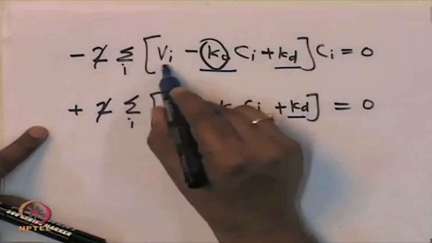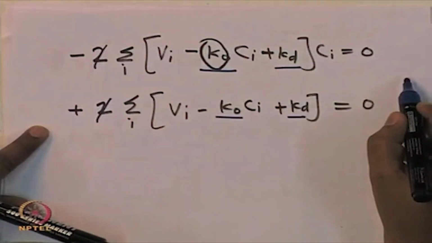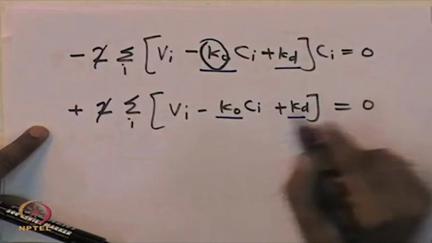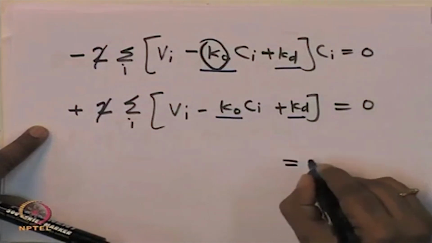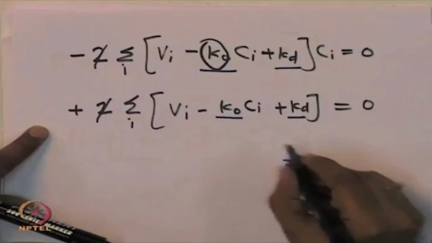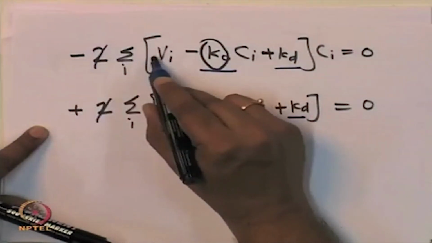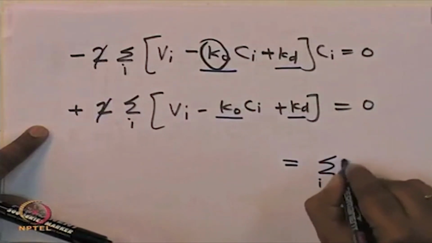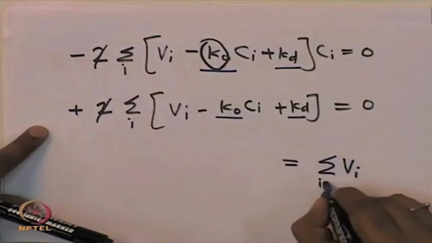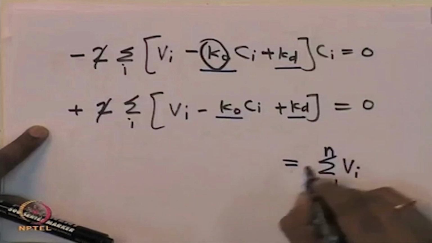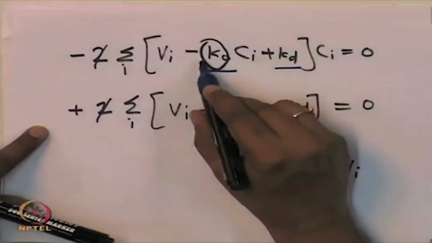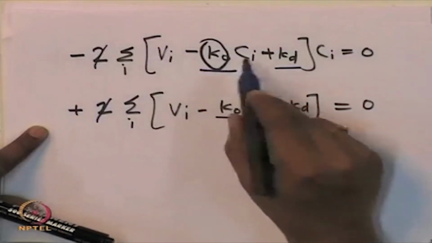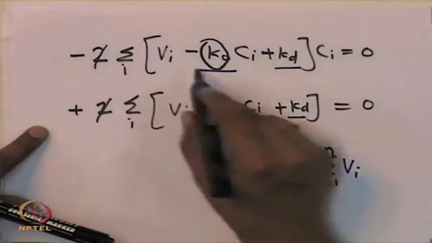Then I can take this sum over I V I to the other side, and there is a minus sign here. So, there is a minus V I. I can write this as sum over I V I, with I going from 1 to n, and there is K 0 C I in this, with a minus sign.